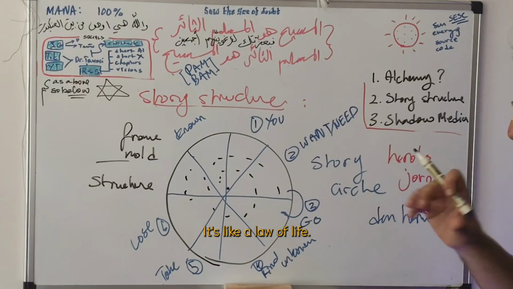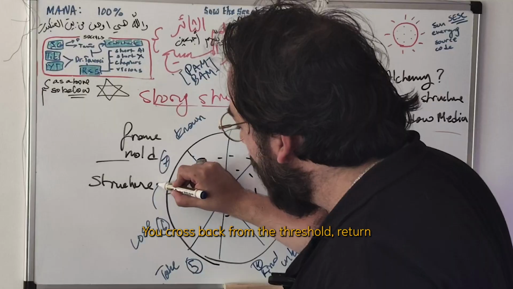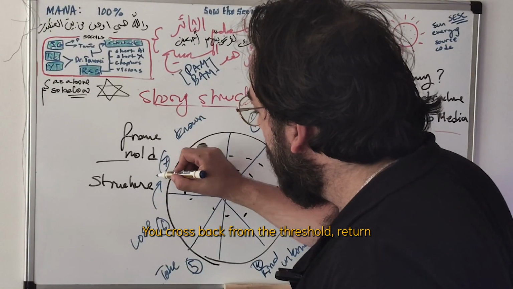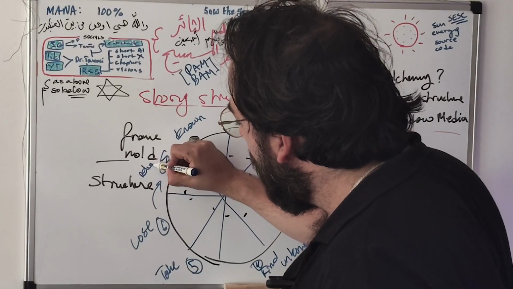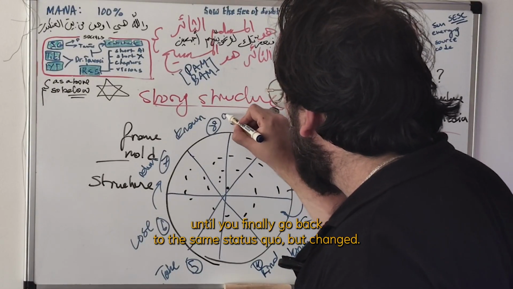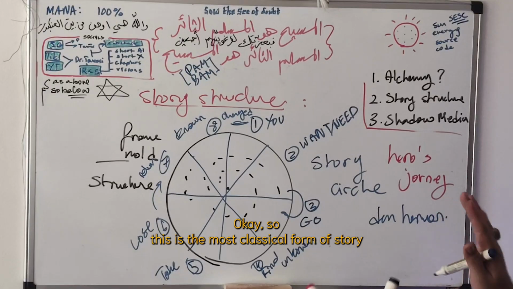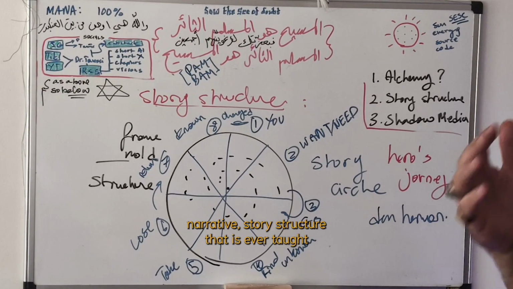It's like a law of life. This is Dan Harmon, it's not my stuff. And then you come back, you cross back from the threshold, return, until you finally go back to the same status quo but changed, okay? So this is the most classical form of story, narrative story structure that is ever taught.